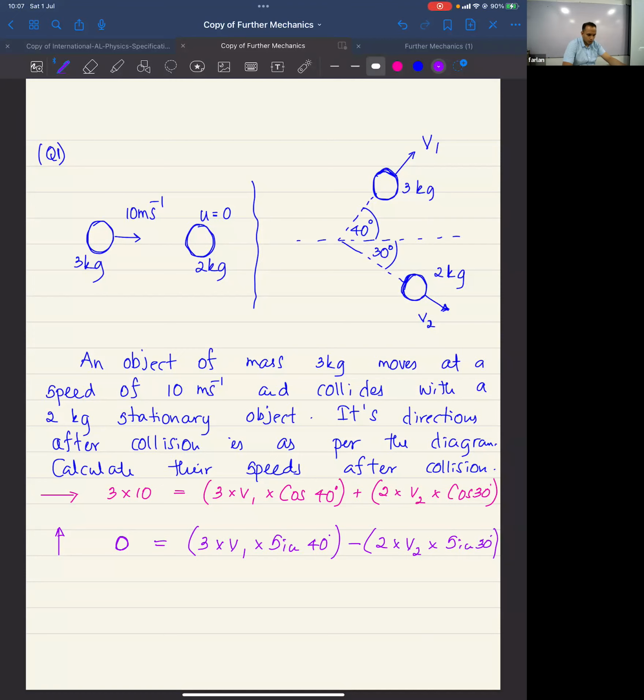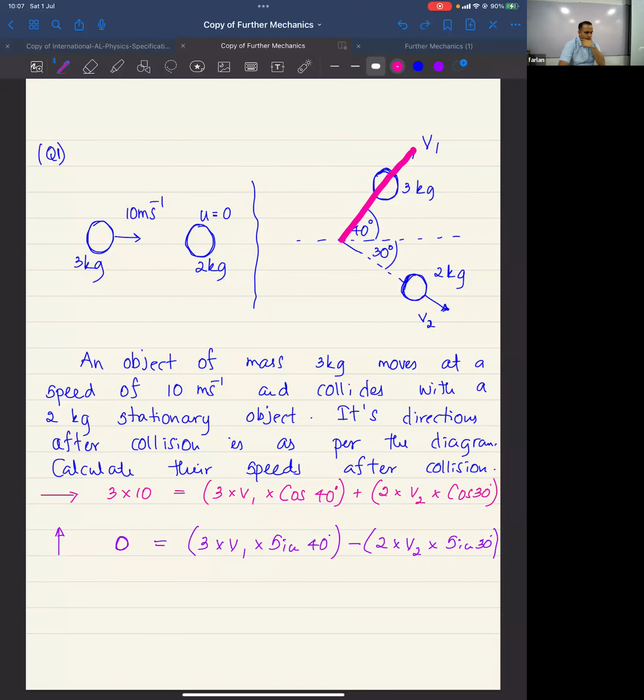Very good. So the momentum of this object, 3 into v1, in this direction will be 3 into v1 sin 40. Some people are giving me that look like you have never seen resolving a vector. Please go home and revise immediately if you can't remember how to resolve a vector. That's the alphabet of AS levels that you have learned.